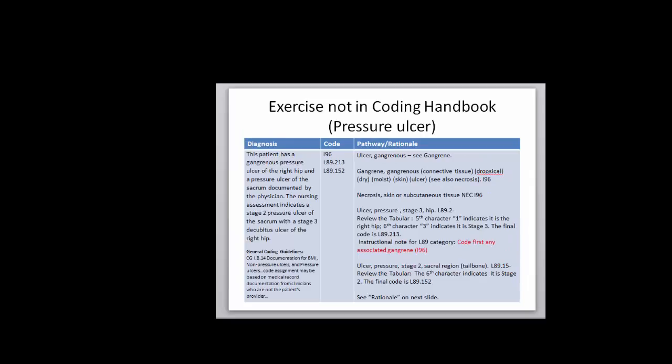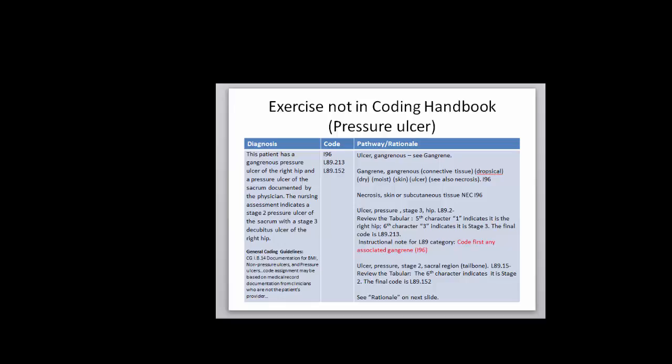This is an example of a pressure ulcer. Early in the PowerPoint, we coded a non-pressure ulcer. And I bring this one to your attention because we are able to use the nursing documentation that stages these ulcers when we are coding. And I've quoted here the general coding guidelines, 1.B.14, which is stating that documentation for BMI, non-pressure ulcers, and pressure ulcers, code assignment can be based on medical record documentation from clinicians who are not the patient's provider.